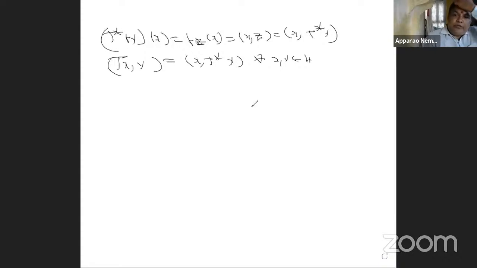So in a Hilbert space, the adjoint operator T star is defined by this equation.